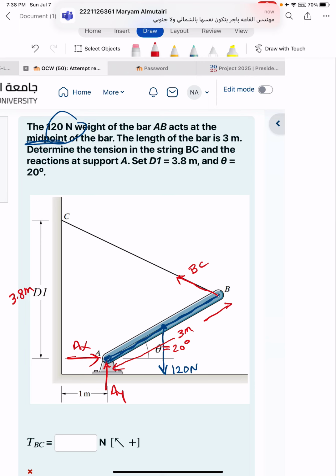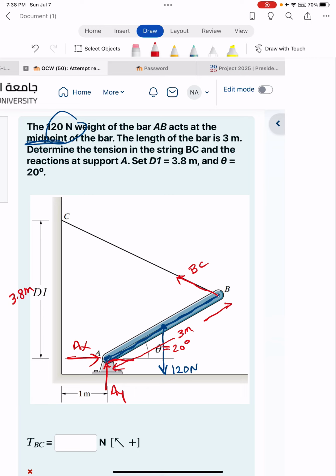Okay, so now we'll open up my calculator. Now we need to find out the slope of the bar AB. So let's look at the slope.